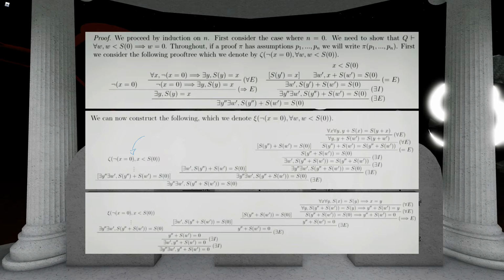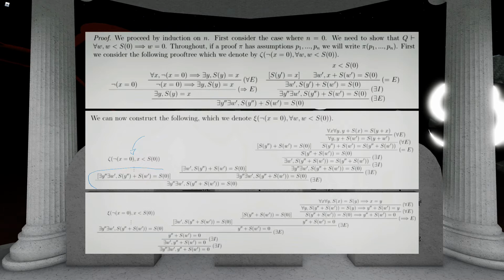So this is just the proof tree zeta, which is on the previous slide, and I'm just reminding you that the proof depended on the hypotheses. It's not the case that X is equal to 0 and X is less than the successor of 0. Okay. And with that proof, I ended up at this conclusion. So that line is exactly the final line of the previous proof tree.